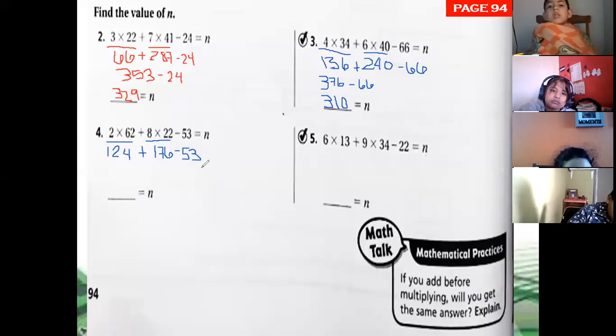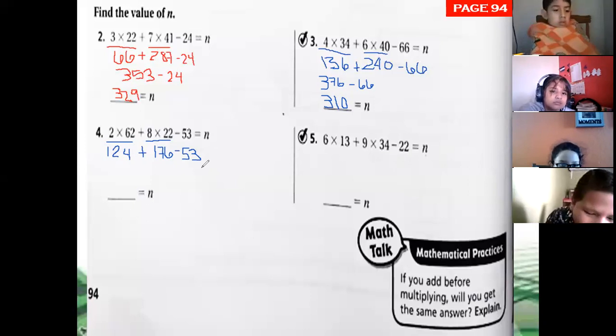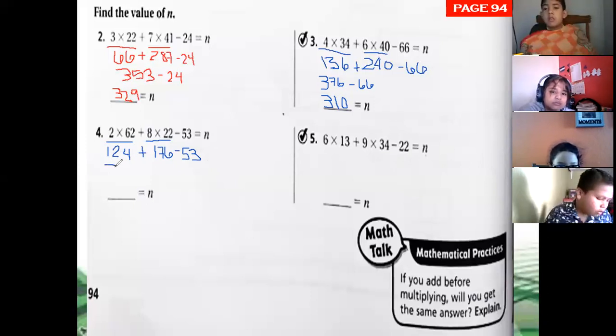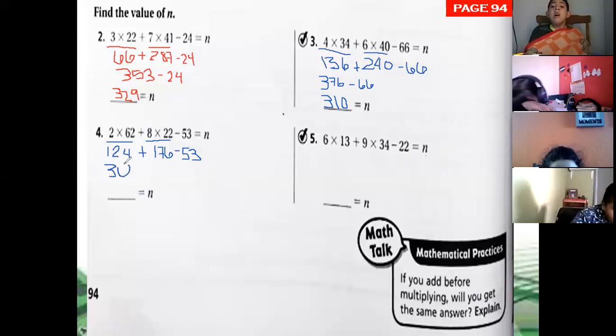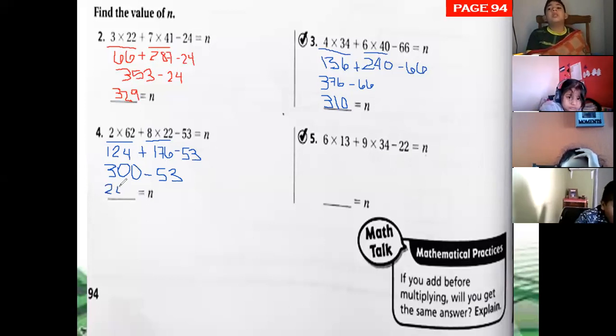Okay, now we do the addition. 124 plus 176. This is 300. 300 minus 53, 247.